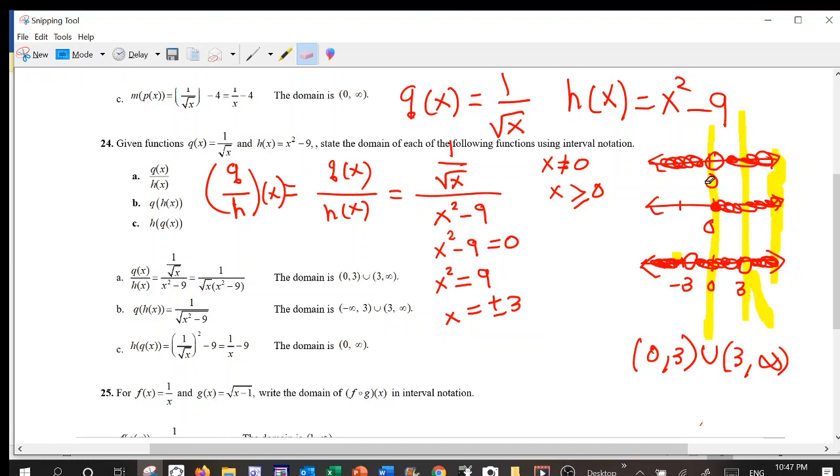And that's it, because there's no more numbers on this one, so we cannot consider the rest of this because it has to be in all 3 places. So the domain of this is given by that.